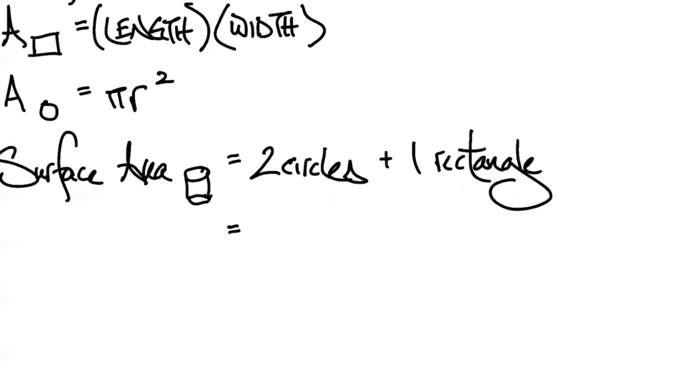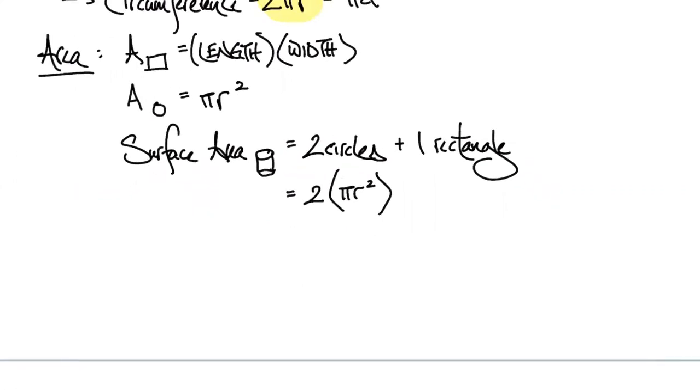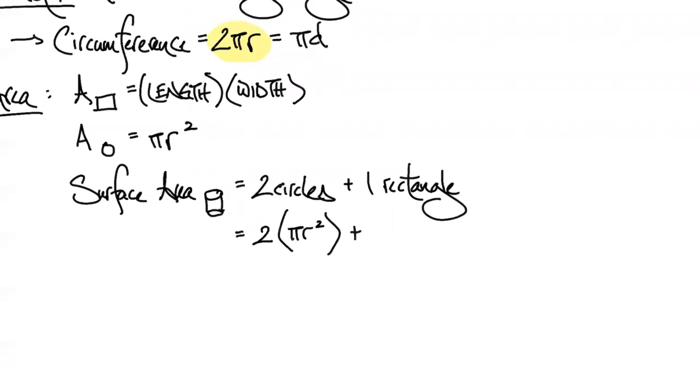And based off of what we know, the area of a circle, we just said that was pi r squared. Right, so the term that is 2 pi r squared, that takes care of the top and the bottom of the cylinder. Plus, if I were to draw this rectangle out, that was like the label part of the can, this would be the height of the can.